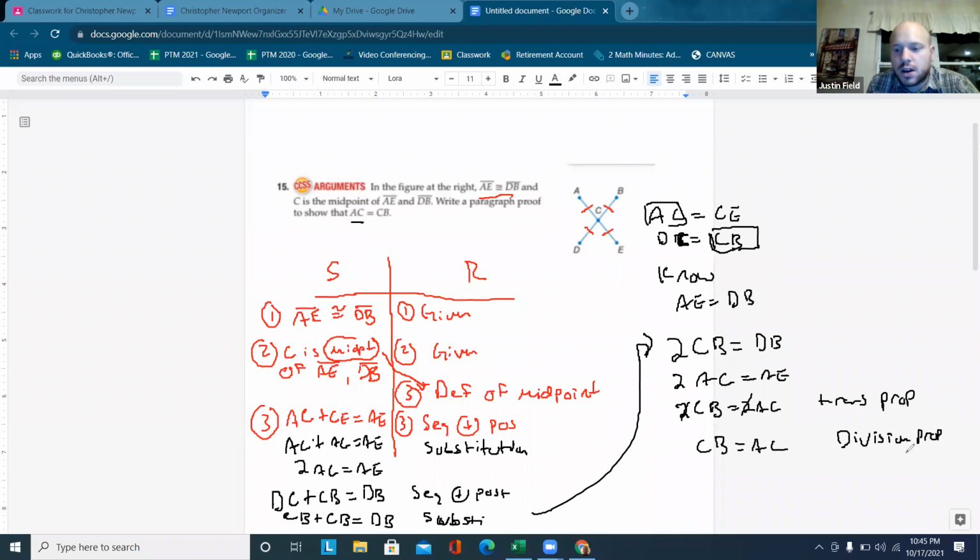So this was 2CB equals DB. That was combining like terms, algebra. And then 2AC equals AE. That was rewriting step somewhere, step 3.